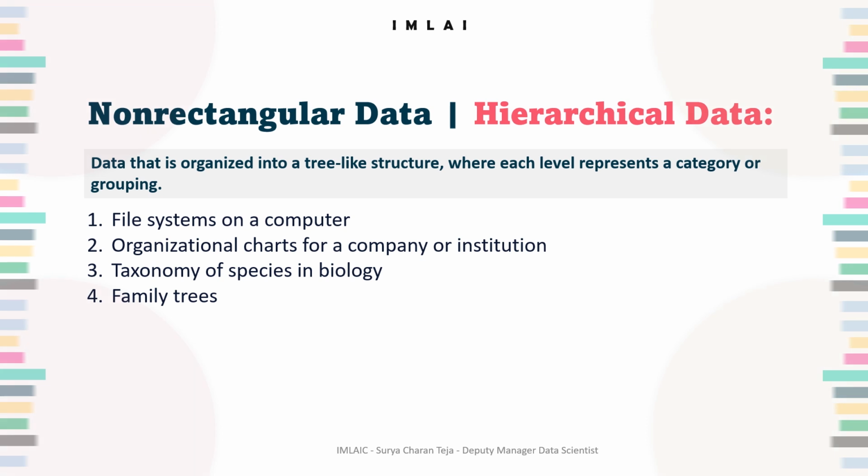The second example we can see is organizational charts for a company or institution, which show the hierarchy of the employees. It's from manager, then after the manager you will find assistant manager, and then deputy manager. Then you will have associate senior data scientist and associate data scientist, and then interns.